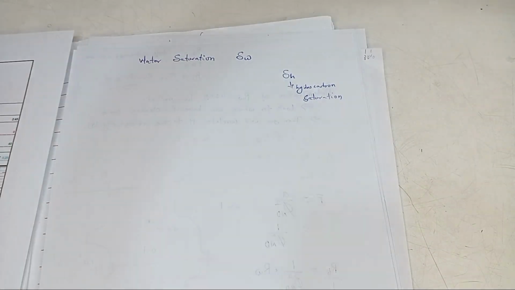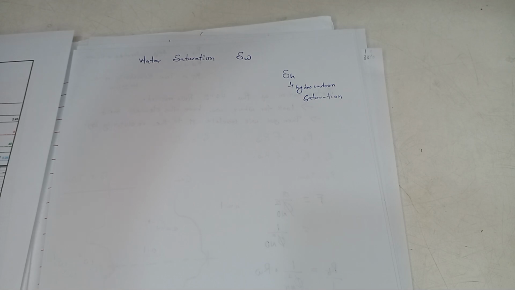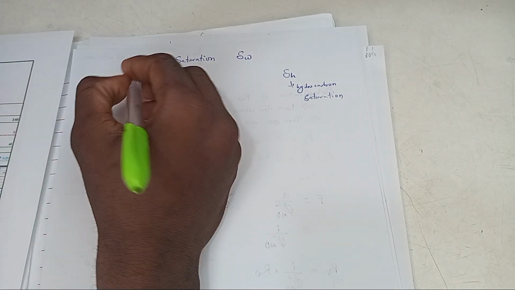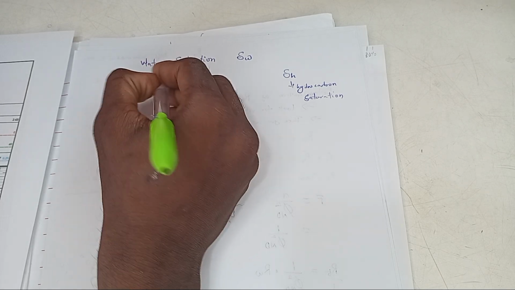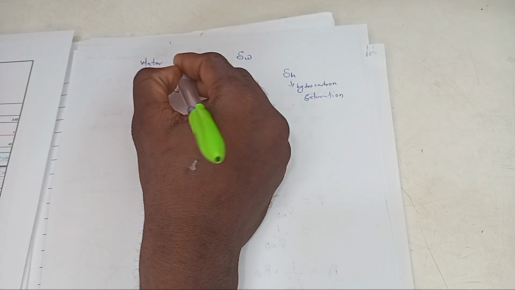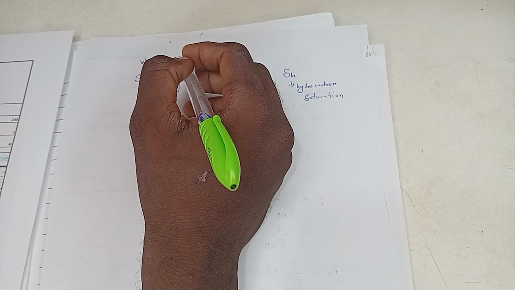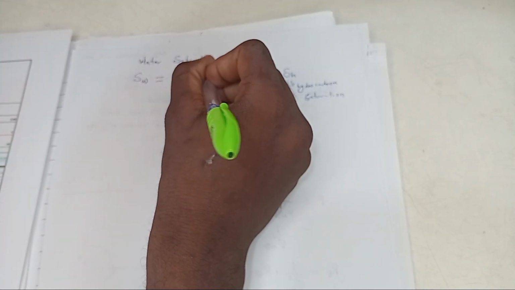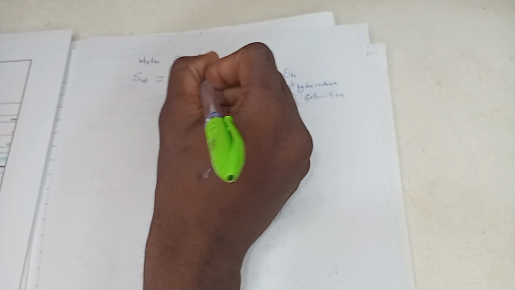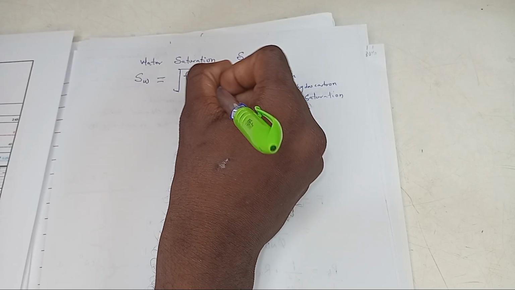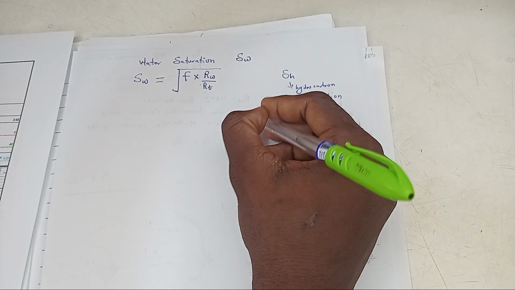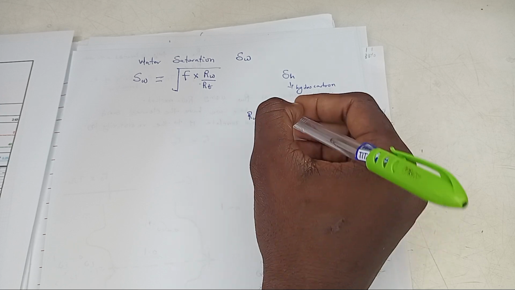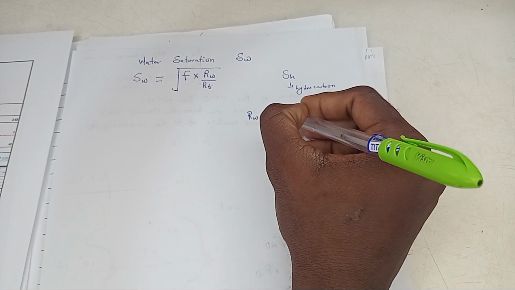So let's see how to get our water saturation in our reservoir. Our formula for water saturation is given as SW equals the square root of formation factor times RW over RT. What's our RW? We've done it before: that is the resistivity of formation water.